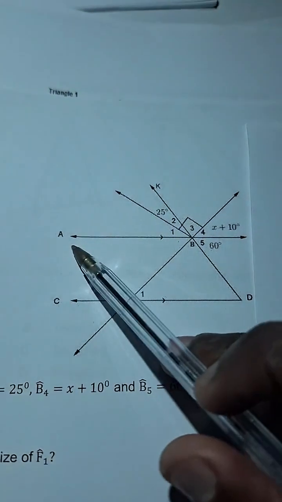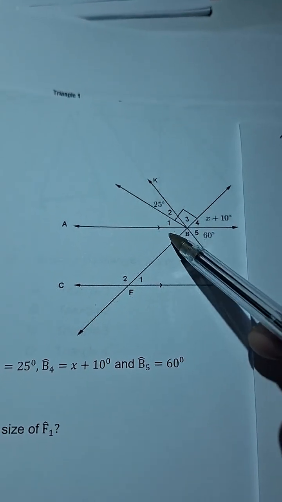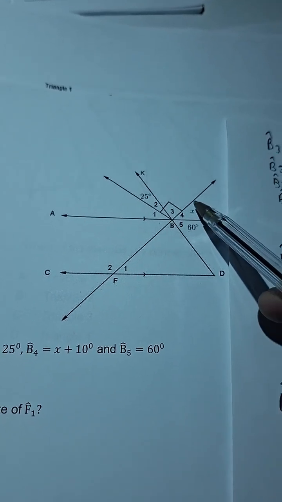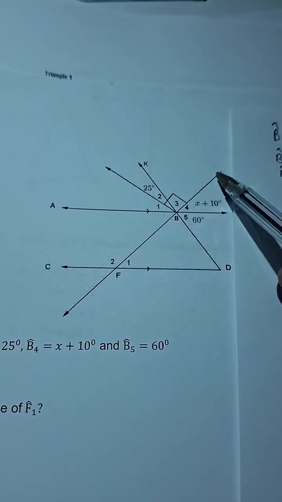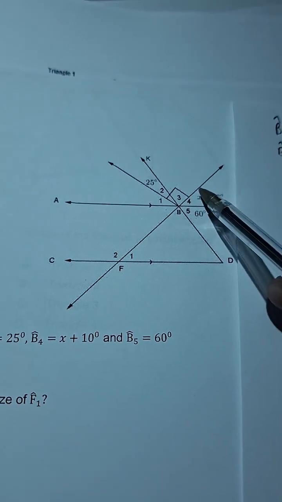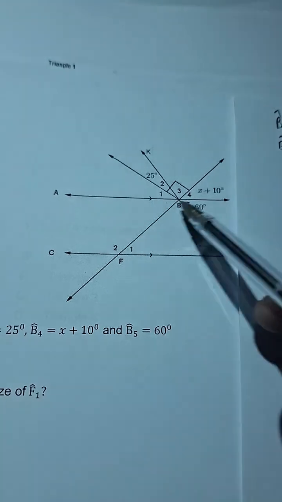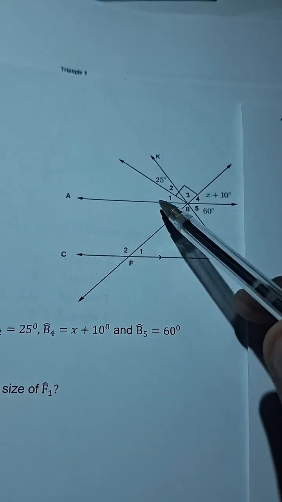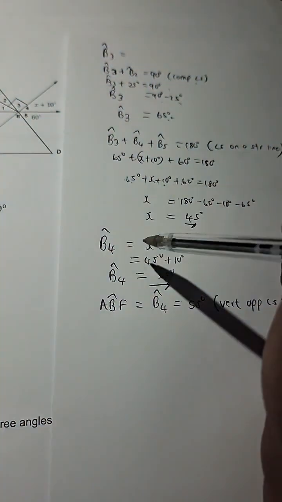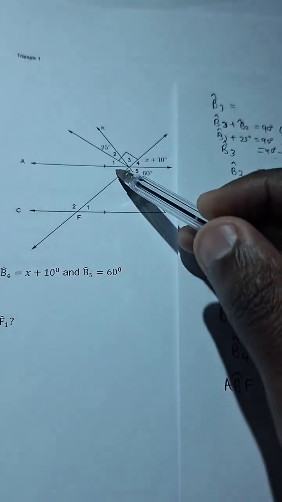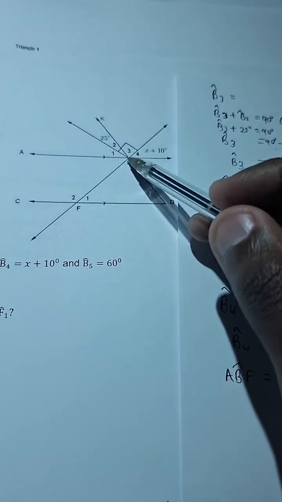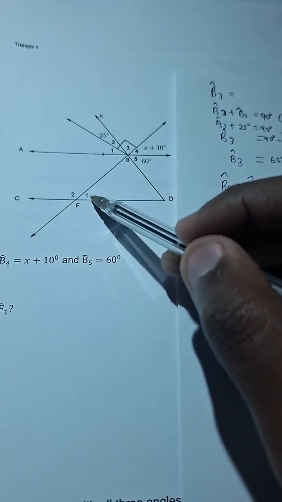Angle ABF is going to be vertically opposite to angle B4. This is a straight line, and that is a straight line, and these lines intersect to form angles that are vertically opposite. This angle and that angle. B4 is 55 degrees, so angle ABF should also be 55. Then remember, when I have this angle, it is going to be vertically opposite to F1.